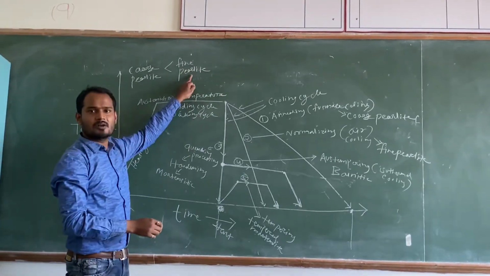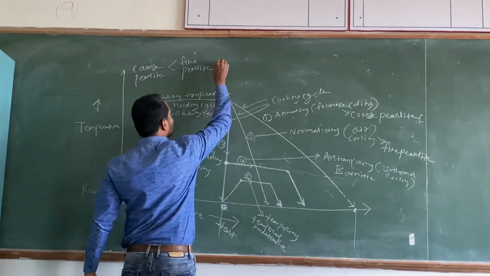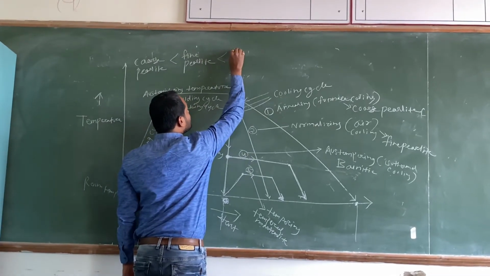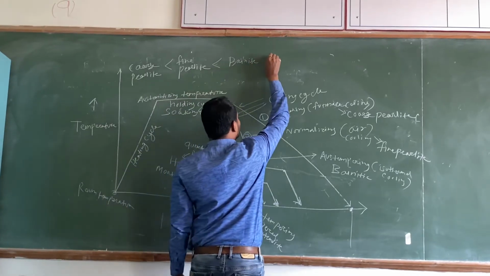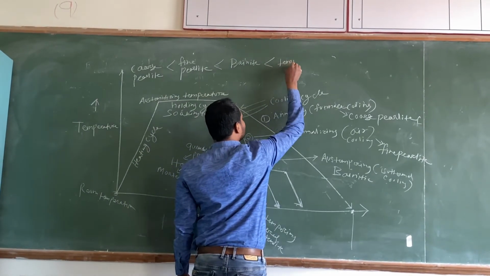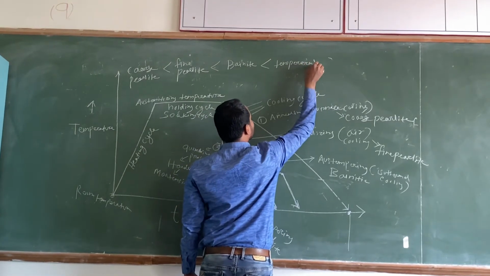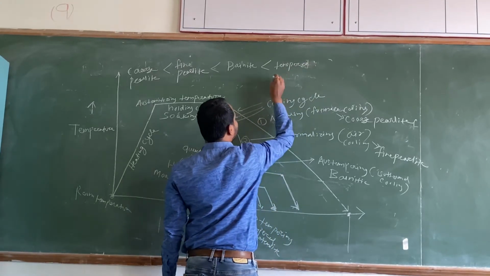That means fine pearlite is somewhat harder or stronger as compared to coarse pearlite. Then comes your bainite. Then comes your tempered martensite.